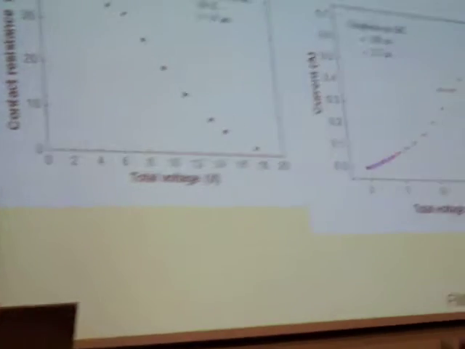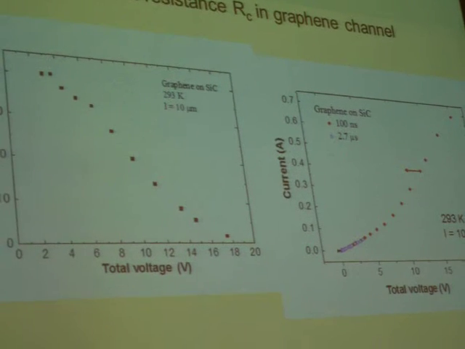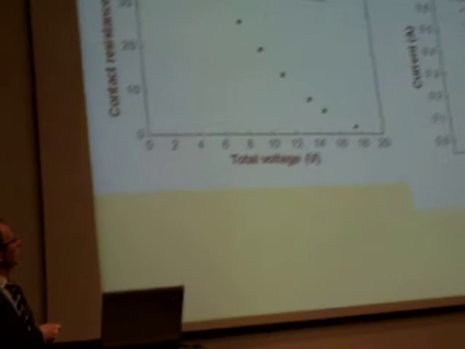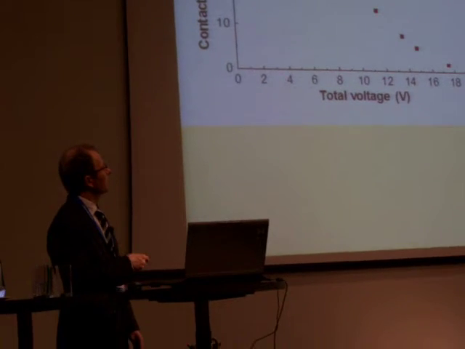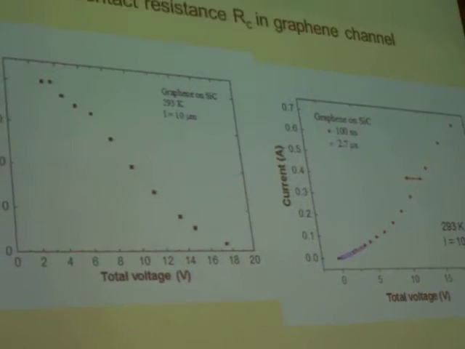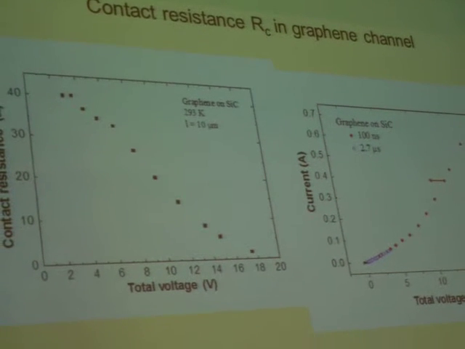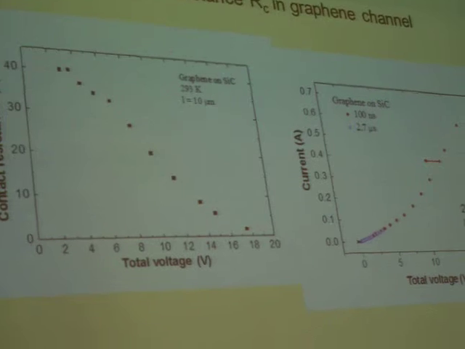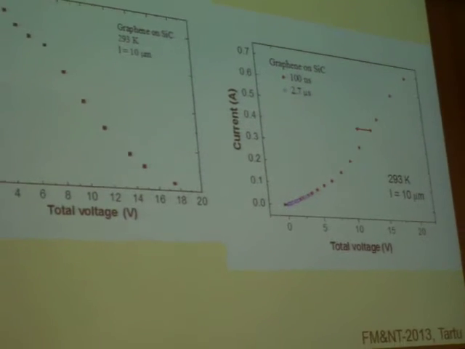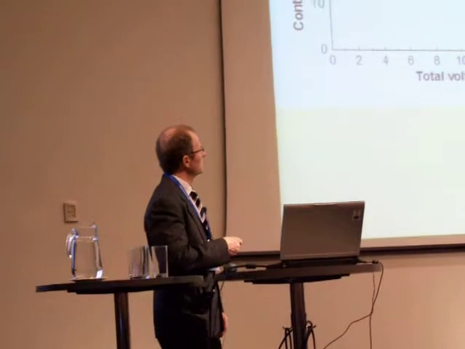The observed bias superlinear current voltage dependence might also be due to the potential barrier discussed earlier by Chu. Indeed, one can relate the potential barrier to the contact resistance.